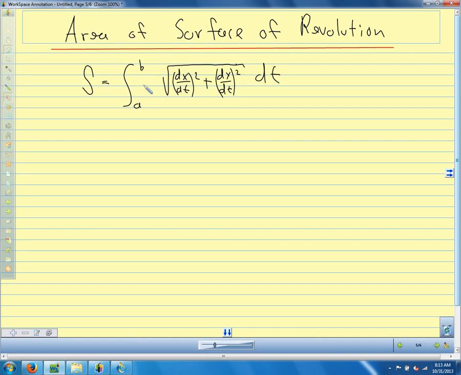And we're saying R can be a function of t. So we express our radius of revolution in terms of our parameters.